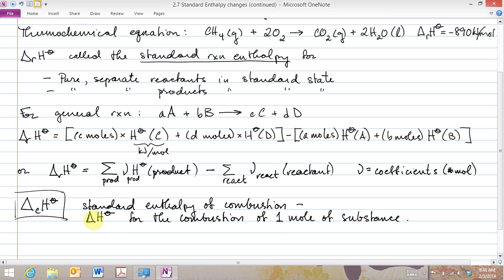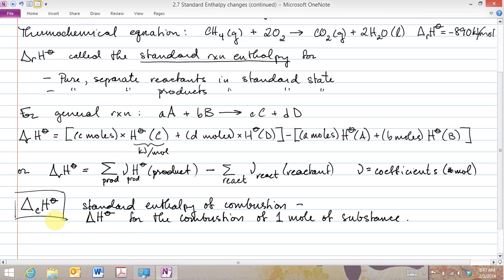So the standard enthalpy of combustion centers around the substance that is undergoing combustion. In the case of this reaction, it's all about the methane.